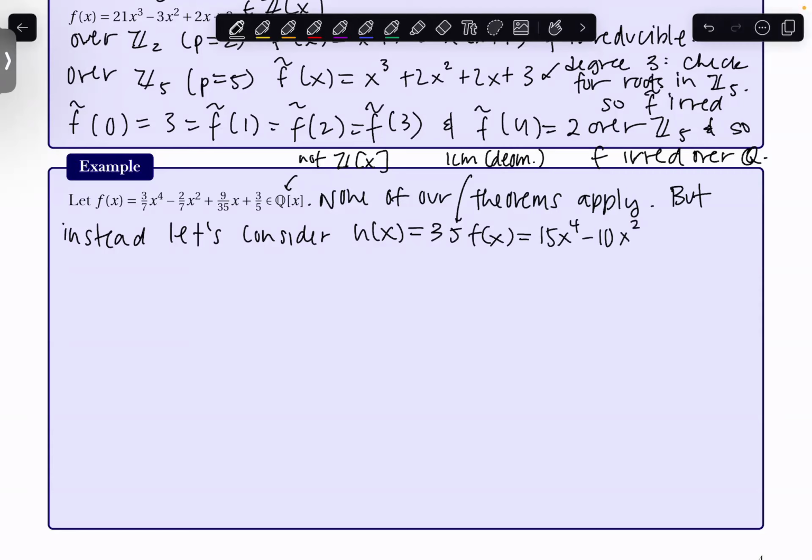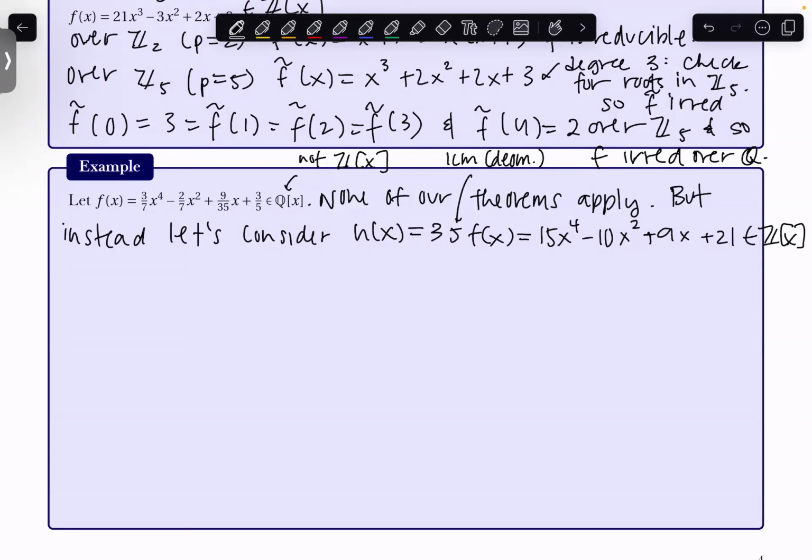And we'll have plus 9x plus 21. Okay, and now what we've done is we transformed this polynomial. So we technically do have a new polynomial here, but now all my coefficients are integers. And so now I can apply all the theorems that I have about integer coefficients to this new polynomial.